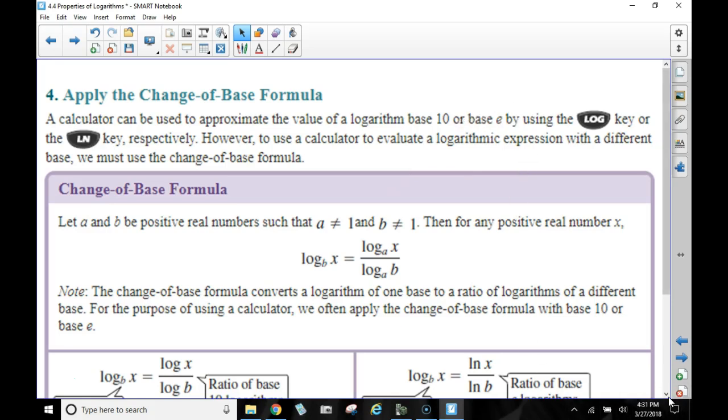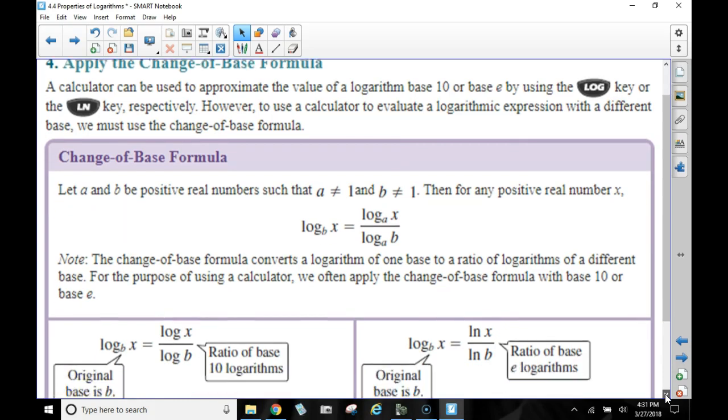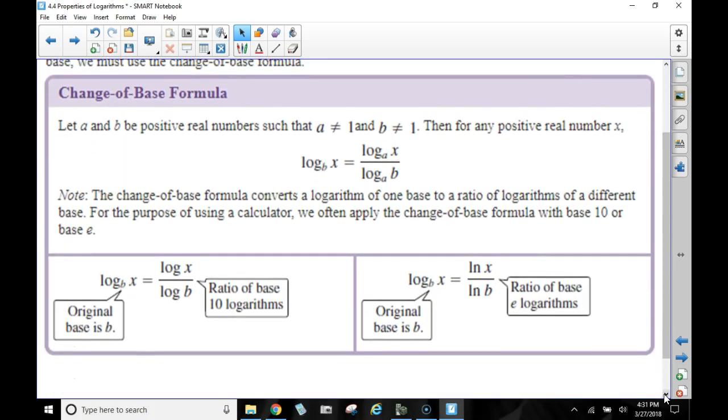But what if we've got something pretty ugly to calculate, such as the log of an argument with base b? The change of base formula says you can say it's going to be the log of the argument with a new changed base of a divided by the log of the base b with a new change of base a.